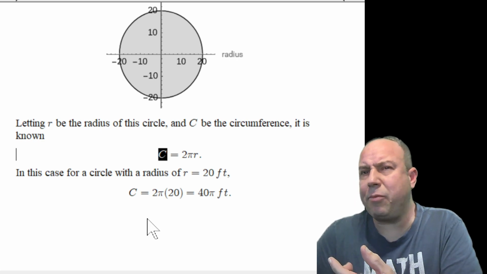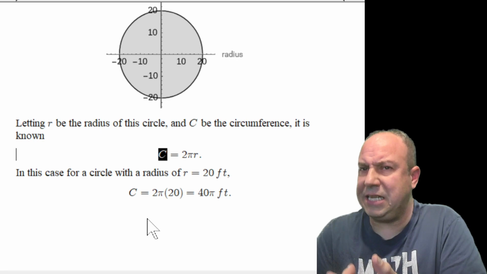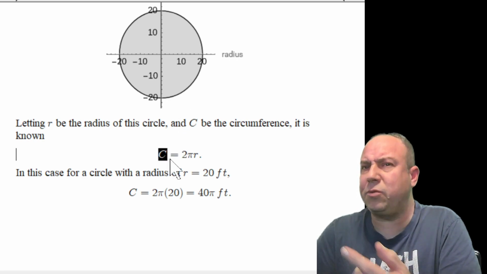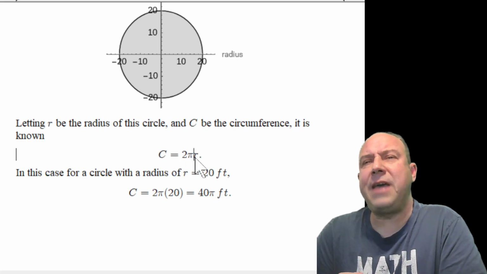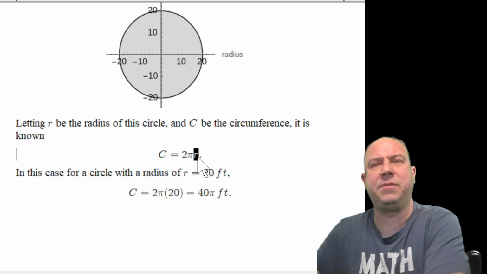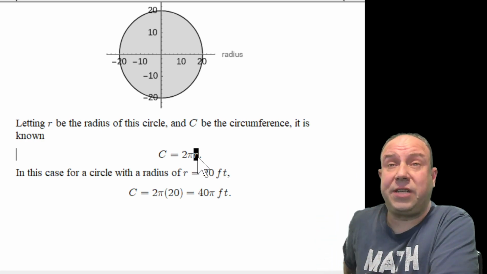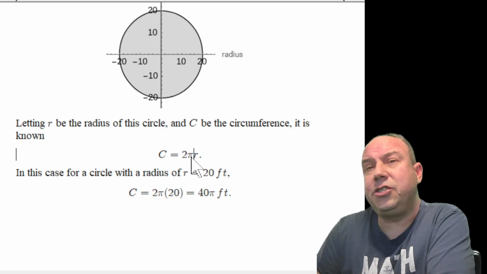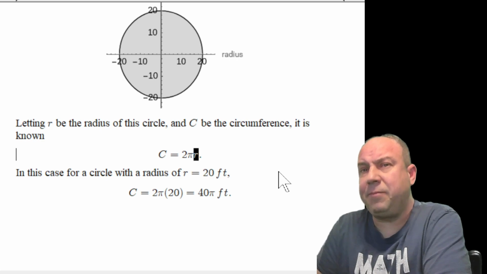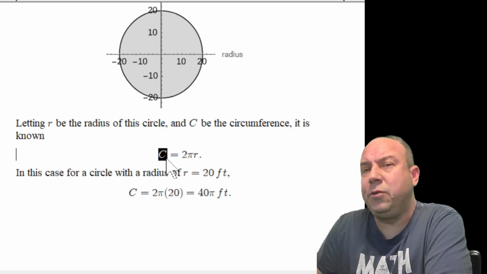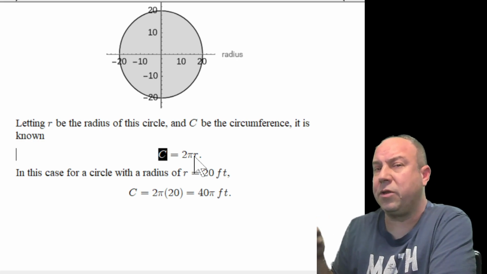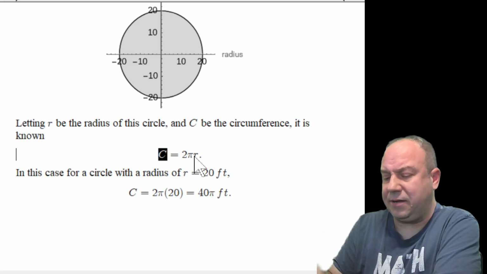And typically that parameter is going to be the value of time t. The rate of change in C with respect to time t is going to have some influence over the rate of change in the radius with respect to time t. And vice versa. If I was to consider changing my radius with respect to time t, that would have an influence on the circumference changing with respect to time t.